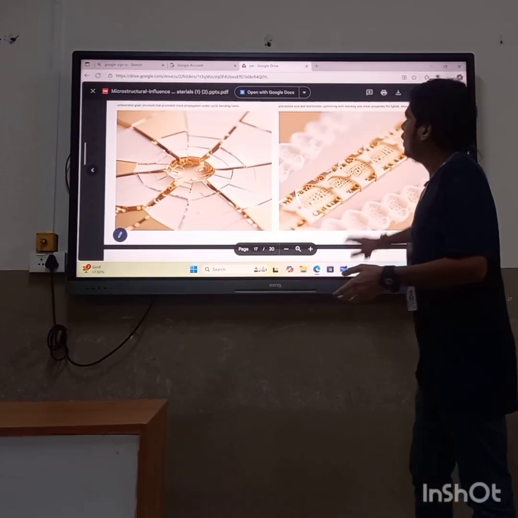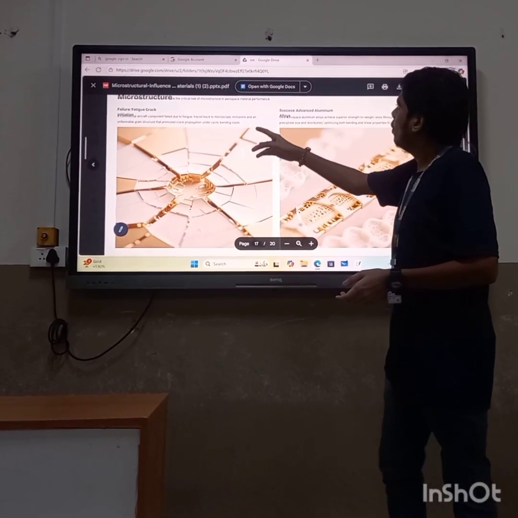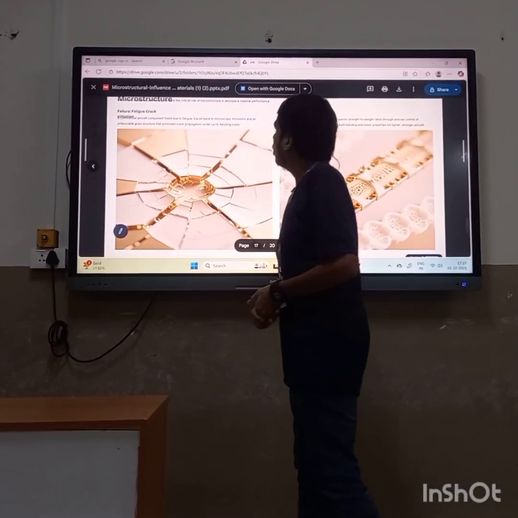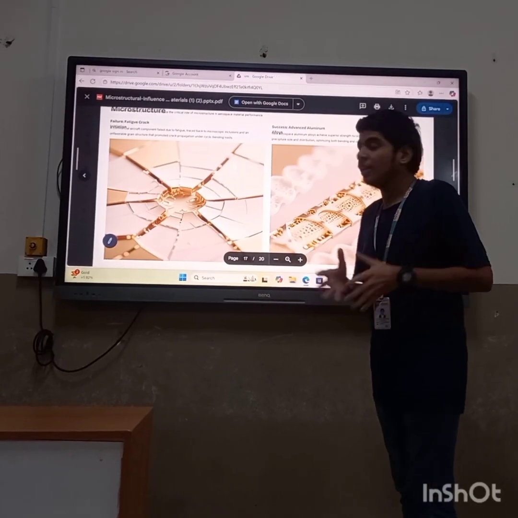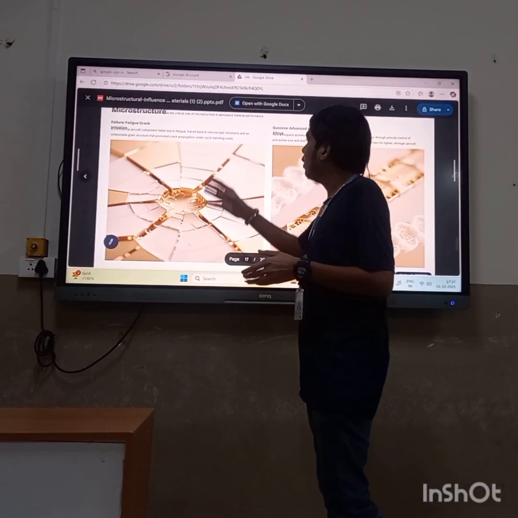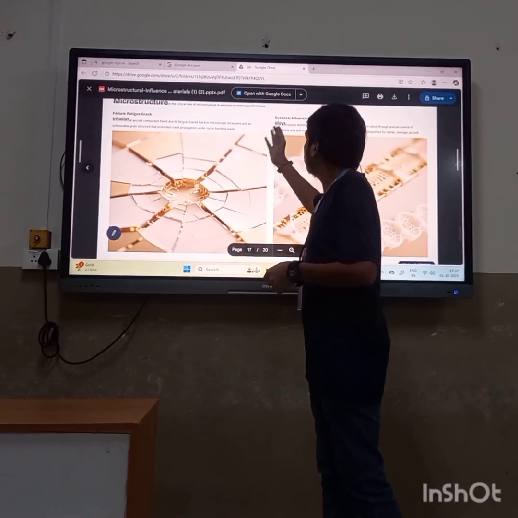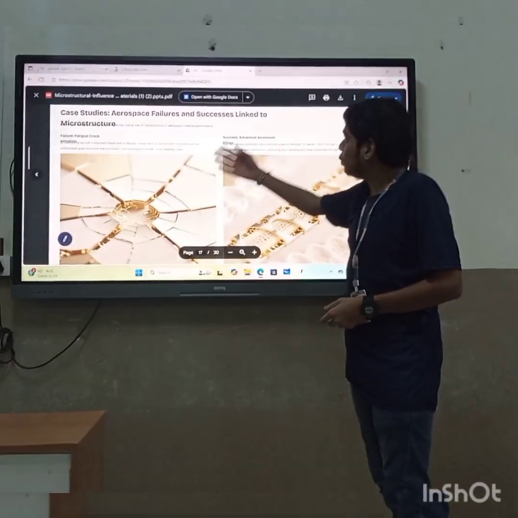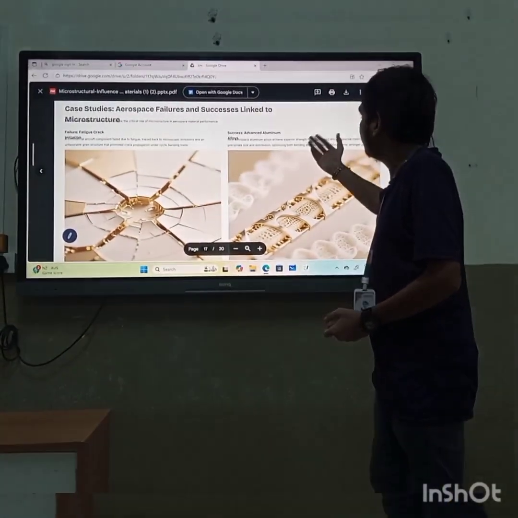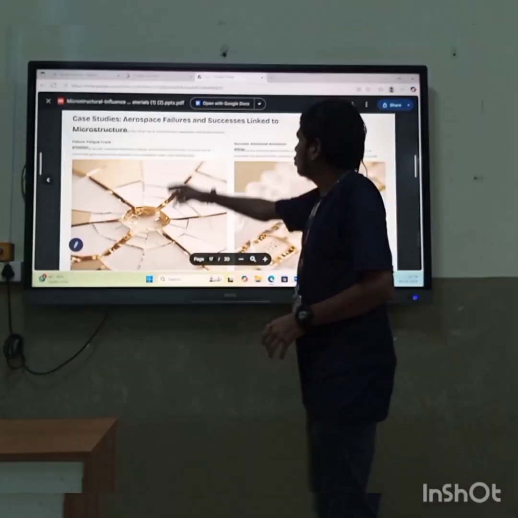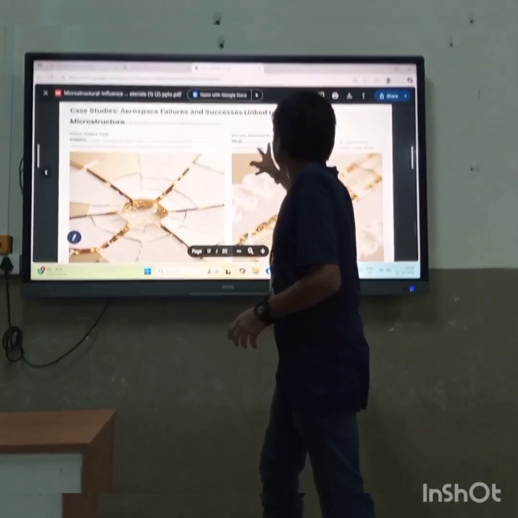In one case, a commercial aircraft component failed due to fatigue cracks traced back to microscopic inclusions. Then let's come to aerospace failures and successes linked to microstructure: fatigue crack and advanced aluminum.